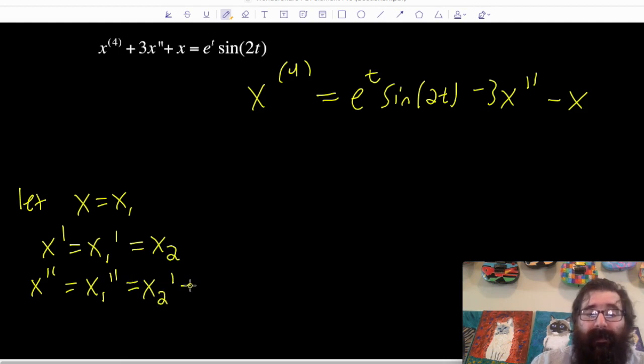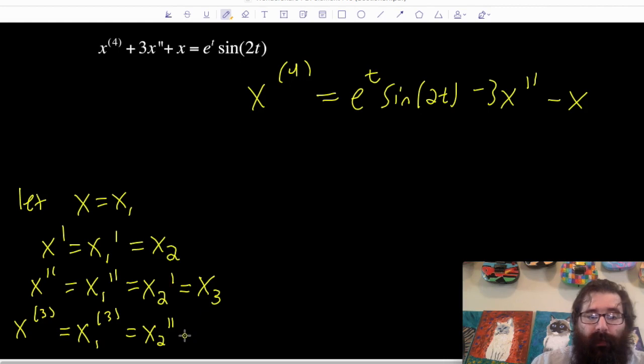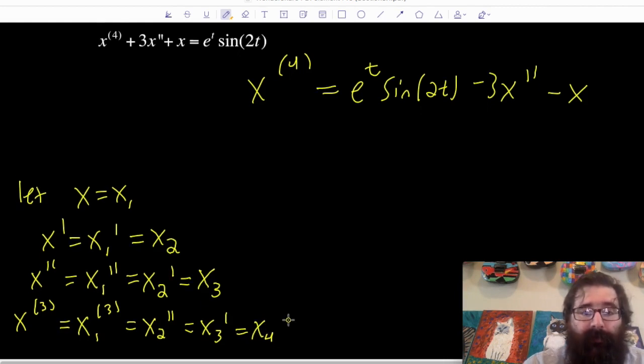But now I'm going to nickname this because I have to continue on from here. I'm going to call this x sub 3 because I got to keep going. And then now I would differentiate again. So my third order derivative is equal to x sub 1's third order derivative, which is x sub 2 double prime, which is x sub 3 prime, and I'm going to give this a special nickname, x sub 4, because I'm still not done differentiating.